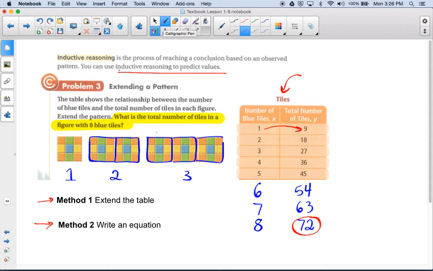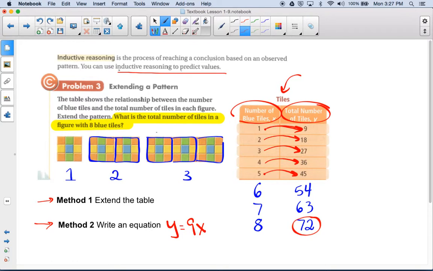If I know 1 takes me to 9, and 2 takes me to 18, and 3 takes me to 27, if I'm really clever with my multiplication facts, I'm seeing that y is 9 times x. Like whatever the x value is, I multiply it by 9, and I get to the y value, okay? So what I'm looking at here is an equation that looks like y equals 9x, okay? Where x is the number of blue tiles, and y is the total number of tiles.